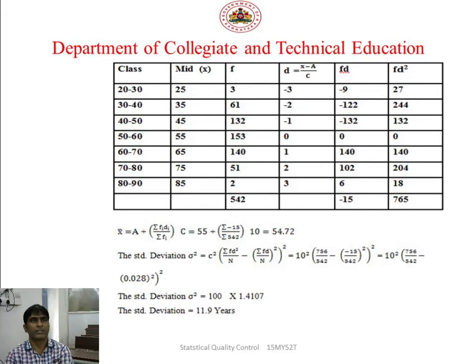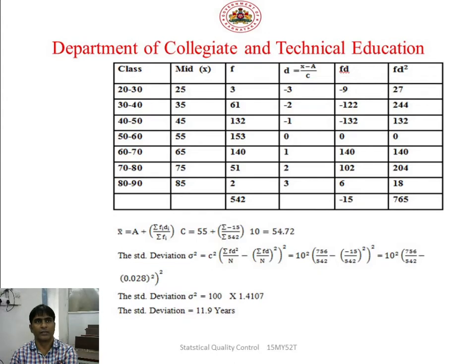Next, moving on, standard deviation. Standard deviation: sigma square is equal to c square, in bracket, summation fd square by n minus, in bracket, summation fd by n, bracket square, then whole bracket. That is equal to, we are having the values, c is 10 square, summation fd square is 765 by 542, minus 15 by 542 bracket square, whole bracket.